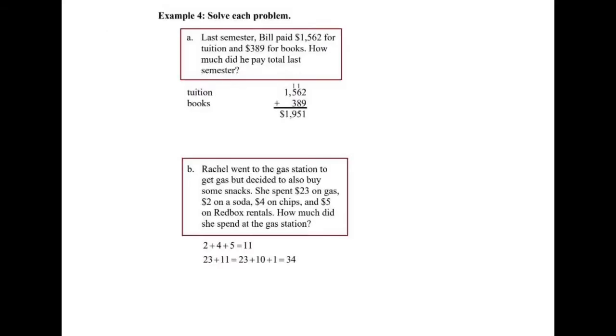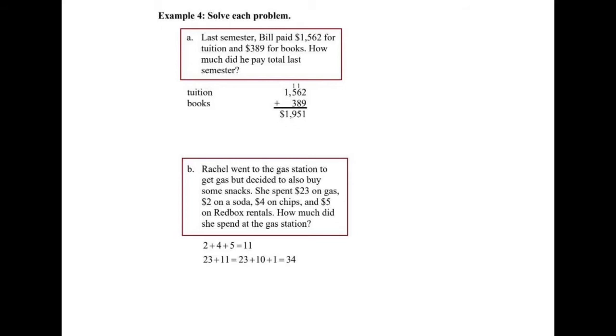Here's your first example. Last semester, Bill paid $1,562 for tuition and $389 for books. How much did he pay total last semester? We read all the way through it. Now what are we going to do? What is it asking us to do?